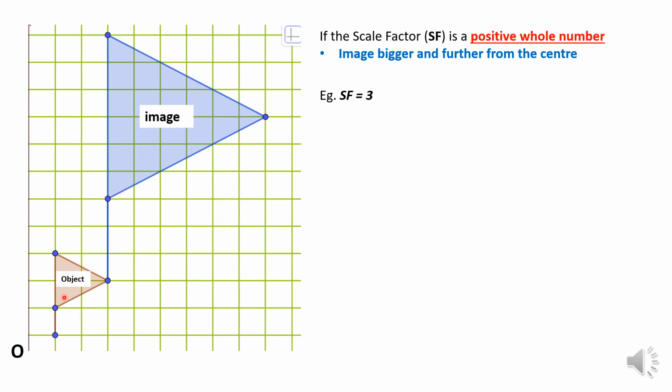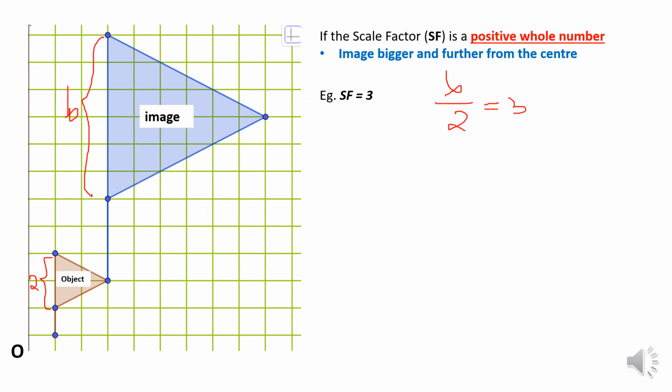The way you can see it is you can take this distance here. First we start with the image, remember. If I take this distance here, and I count 1, 2, 3, 4, 5, 6, so I've got 6 blocks here. And then I take the same here, and I've got 2. The scale factor will be the 6, which is the image, divided by 2. And that's how you get 3.